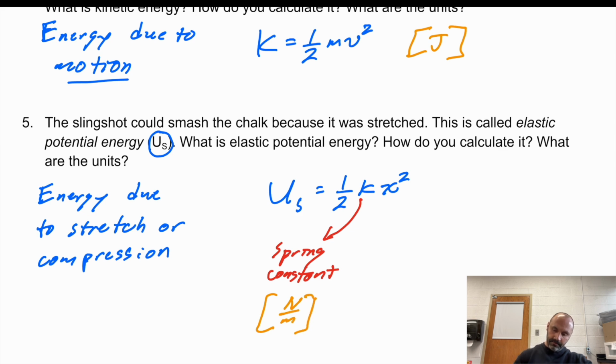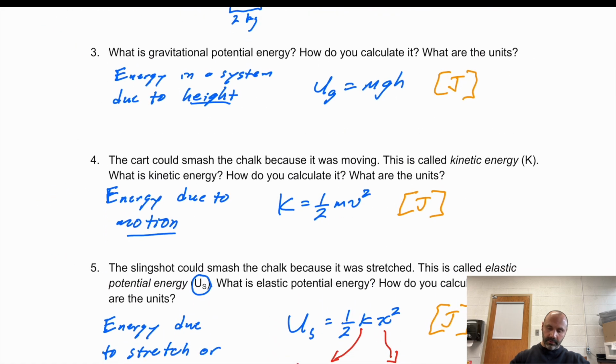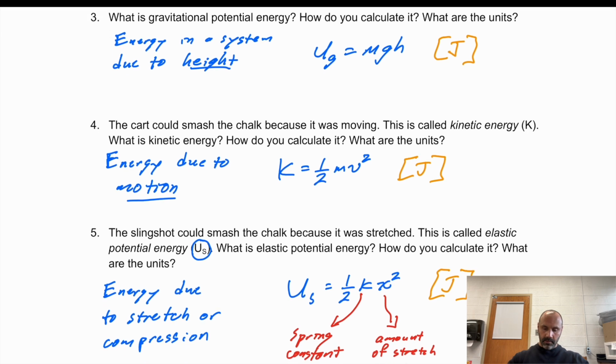Okay, and X is the amount of stretch in the spring. So the length that we're dealing with is measured in meters, of course. And the overall units for elastic potential energy are joules. Okay, so 3 types of energy, 3 equations that you need to know. All of them are measured in joules.